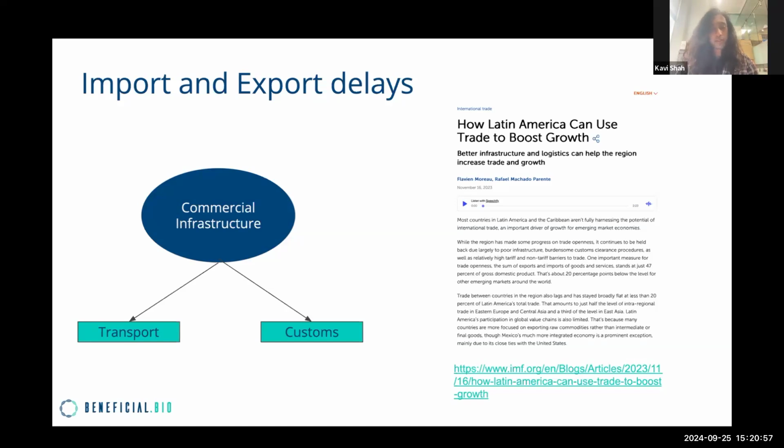I've split commercial infrastructure into transport, and that includes roads and rail, but also the customs infrastructure that we spoke about. A number of startups that I spoke to, and I'm sure some of you in the region, have faced barriers where goods are held at customs, even though paperwork is applied, and the process of dealing with that can be quite cumbersome.